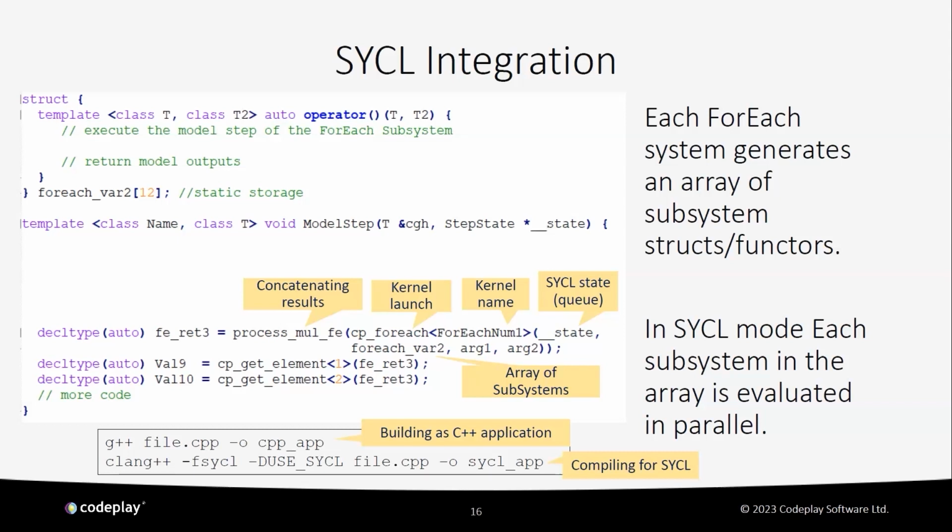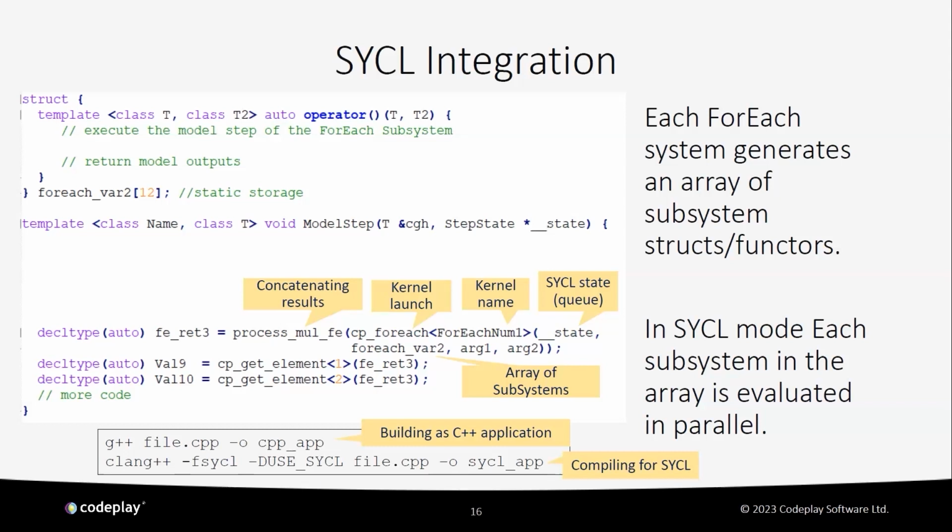The way it's processed is it calls a for each function, which in the future will probably align with the C++ for each, but right now it's our own for each. It takes the kernel name and the SYCL state. The SYCL state contains the queue, but in some cases also buffers.